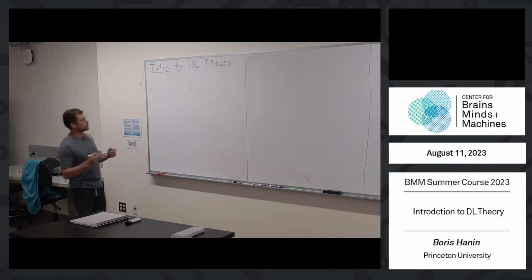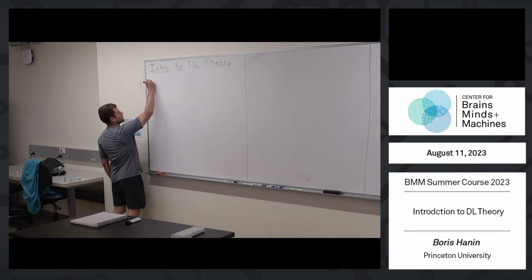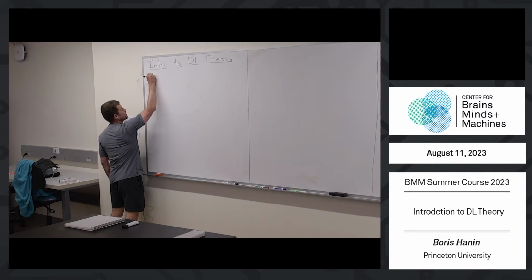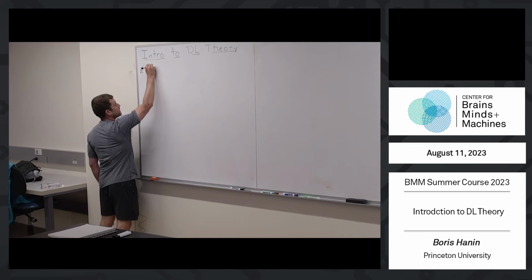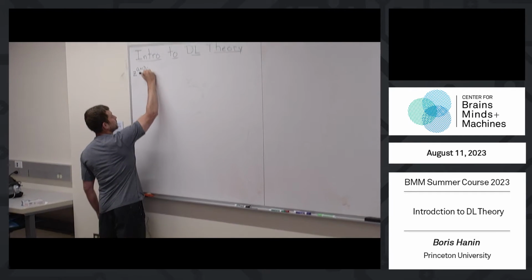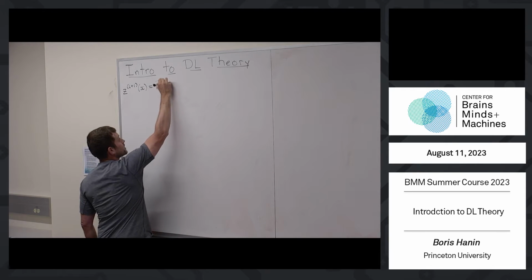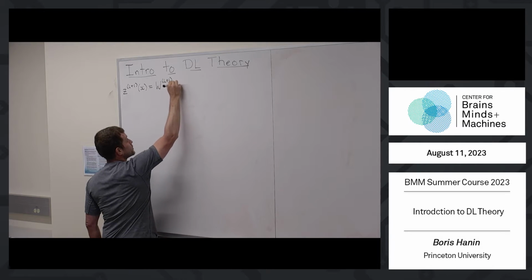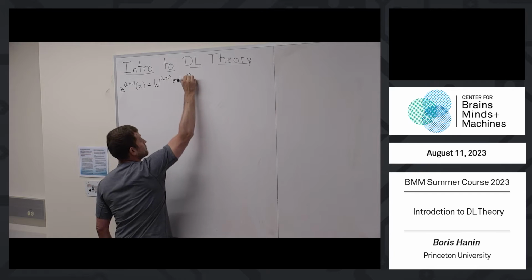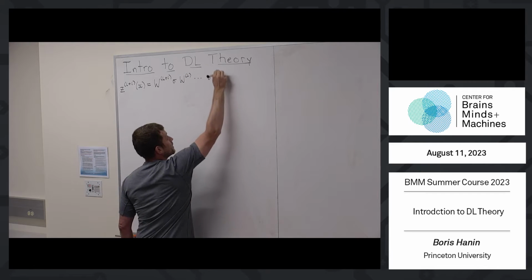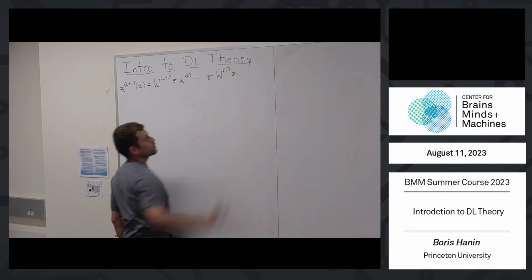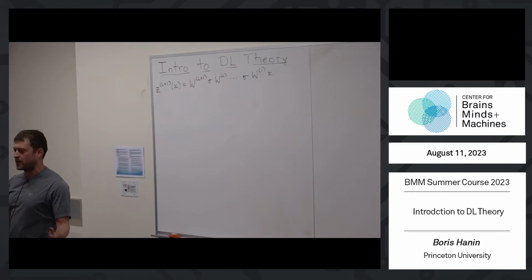Let me just tell you what my notation is for a neural network. I write neural networks this way. Capital L is the number of hidden layers, and X is the input. I'm just going to talk about fully connected networks, though a lot of what I say can be generalized beyond that. I've turned off the biases because I'm too lazy to write the B's.